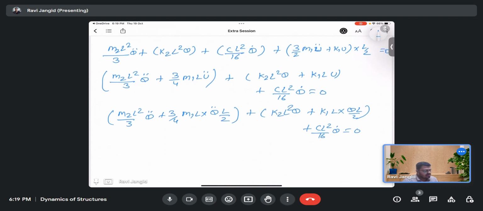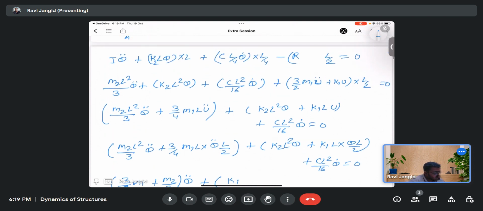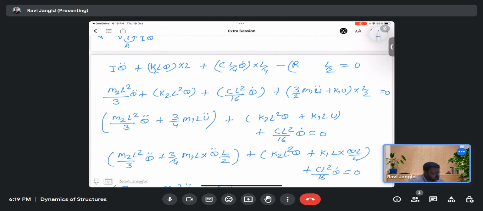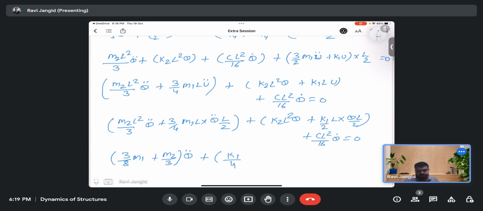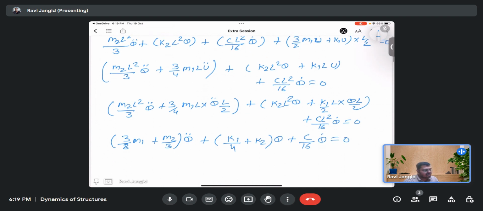Now if we summarize again, it becomes 3 by 8 m1 plus m2 by 3 into theta double dot plus, for this term, k1 by 2 with l by 2 there, so that becomes k1 by 4, plus k2 into theta plus c by 16 theta dot is equal to 0. l square cancels out.